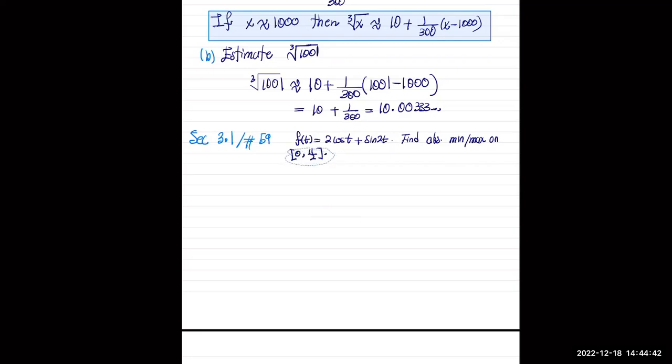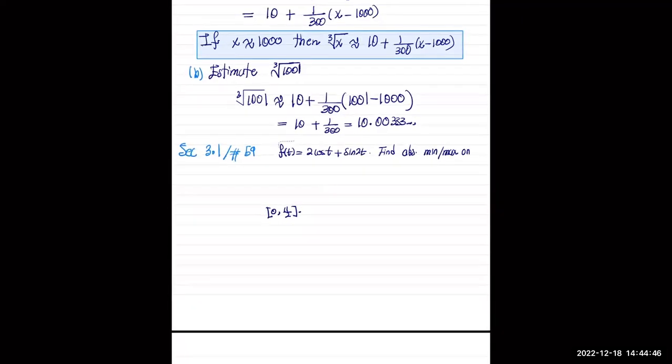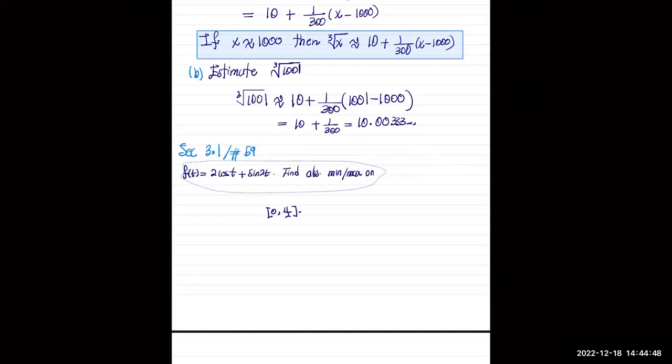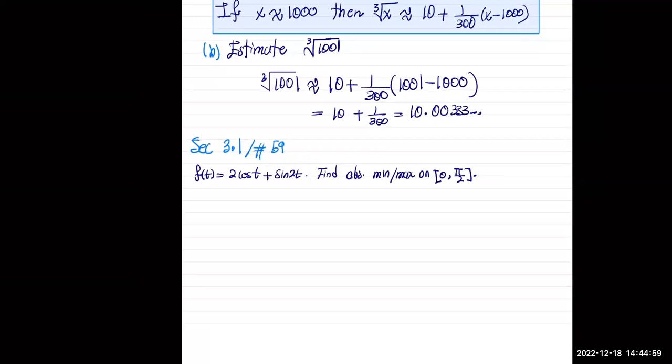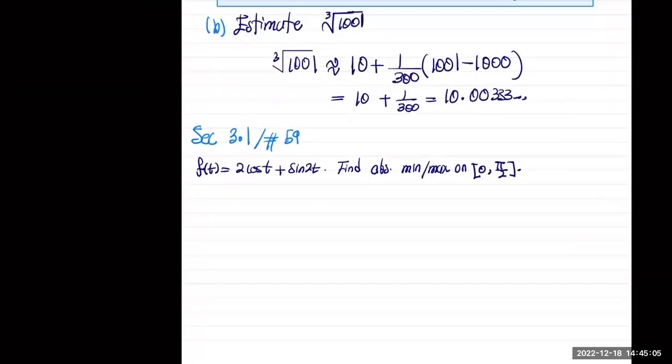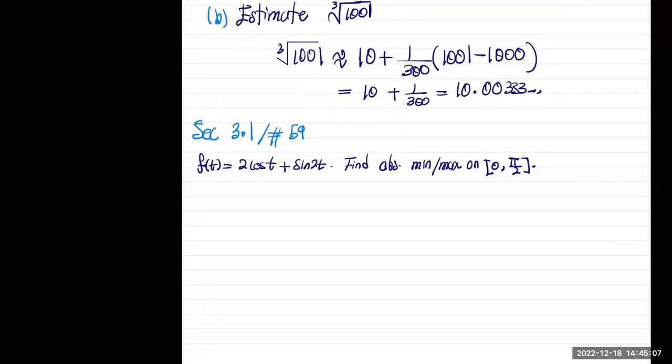It is a guarantee that it is going to happen. Now, the absolute max or min could happen at a critical value where the derivative is 0, or it could happen at those endpoints. So we need to find the derivative.